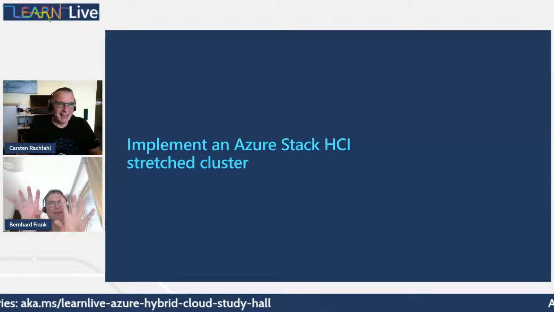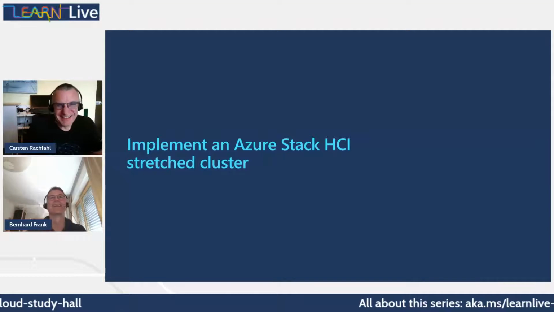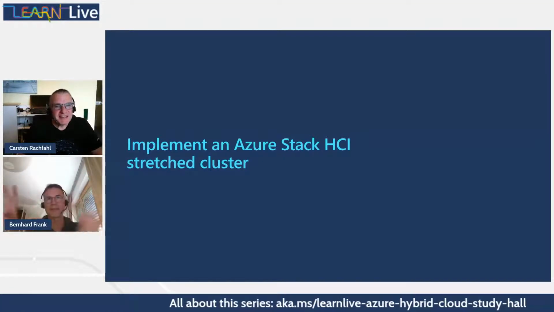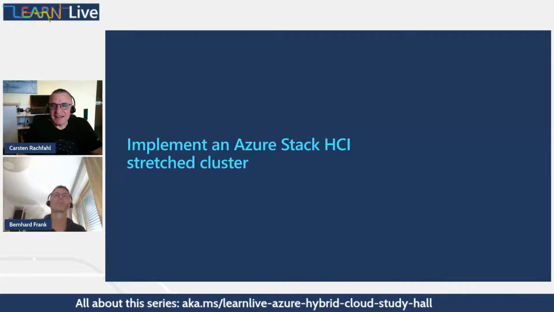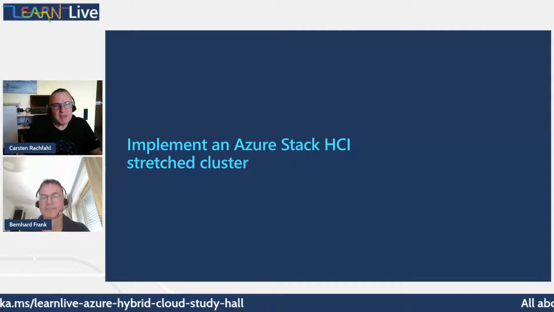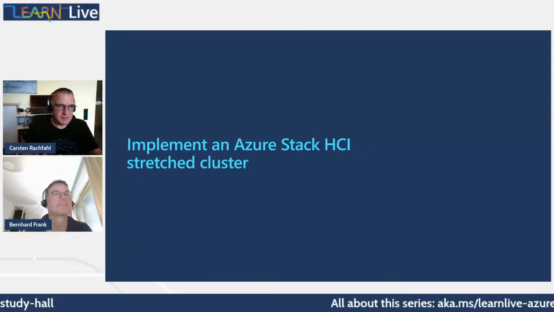And I know that this is not an easy one, right? But what does that mean? One cluster, or is it 2 clusters that are just apart, or what is it? I get this question quite often. So far, and maybe that will change, but so far, if it's not in one rack, it's a stretch cluster.